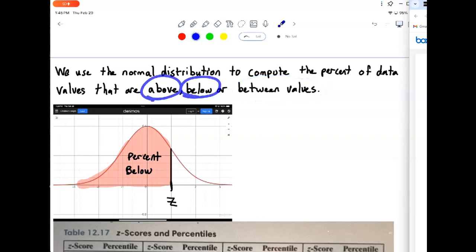So we're going to look at how to handle these. But the first step that we're going to deal with is what we dealt with in the last section, and that is given our data value, let's figure out our z-score. So we're going to start that up in our next video. Until then, I'll see you in just a couple minutes, I guess.